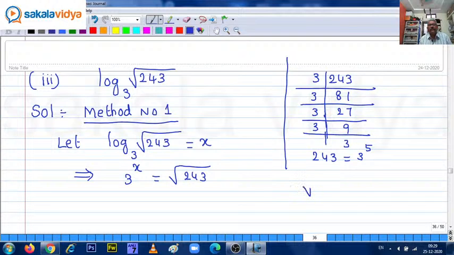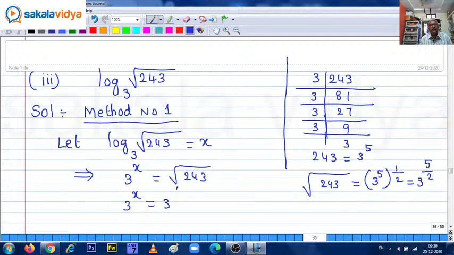But we need to find out root of 243. That is equal to 3 to the power of 5 whole to the power of half. Root means 5 into half, 5 by 2. So 3 to the power of 5 by 2. Now we can write 3 raised to x is equal to 3 raised to 5 by 2. Bases are equal.